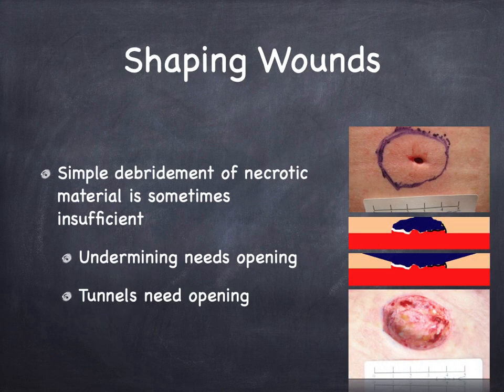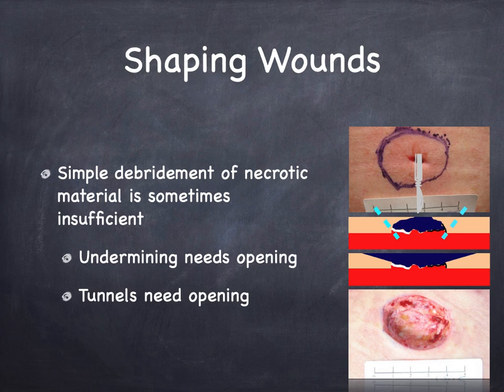Simple debridement, though, is often insufficient, especially if there is undermining or tunneling. Oftentimes what ends up happening is that you end up having scarring, maintaining these undermining and tunnels open, or oftentimes you will find hidden treasures.